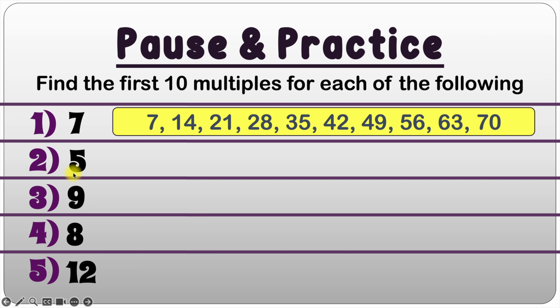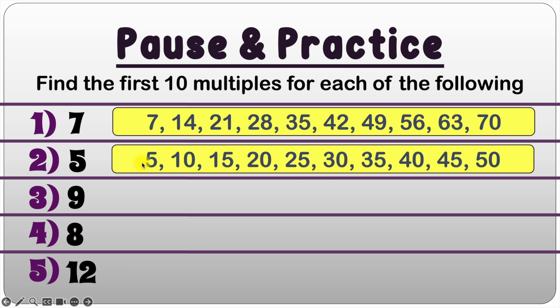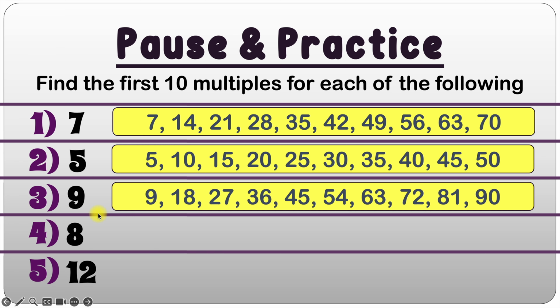The first 10 multiples of 5 are 5, 10, 15, 20, 25, 30, 35, 40, 45, 50. Number 3. The first 10 multiples of 9 are 9, 18, 27, 36, 45, 54, 63, 72, 81, and 90.